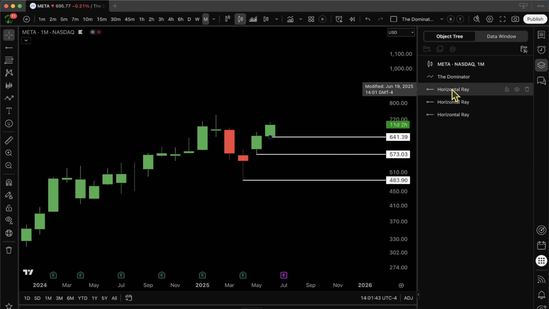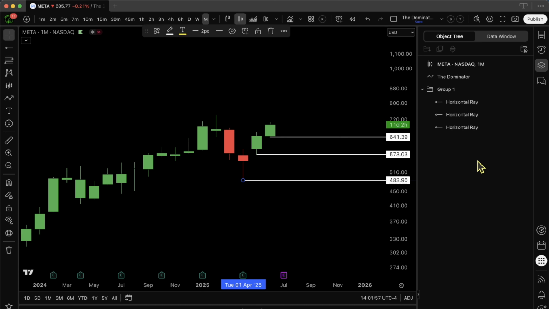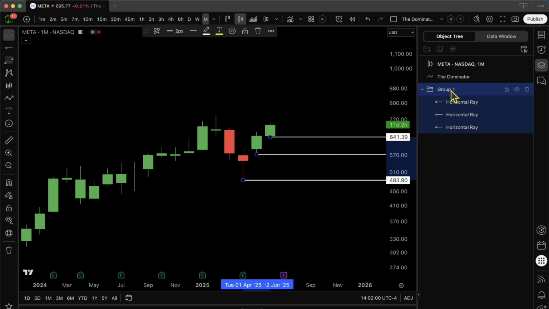So now we have a horizontal line and the second and third one. Now I'm going to come up here and create a group of drawings. I'm going to take these horizontal lines and move them into this folder. In this folder, I am going to rename it and just say, this is my monthly support lines.